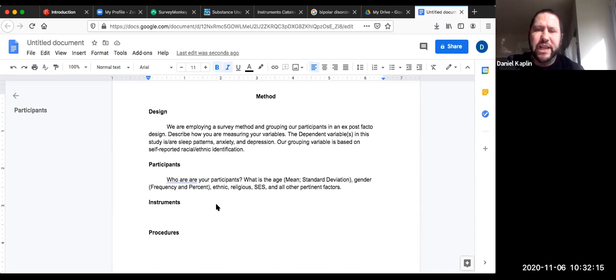Now, one thing that changed in APA style are levels of heading. So for a level 3 heading now, and I'm only going to teach you the way it should be, it's bold, left align, and italicize. So let's say you were measuring depression and you wanted to describe your instrument that you're using to measure depression.